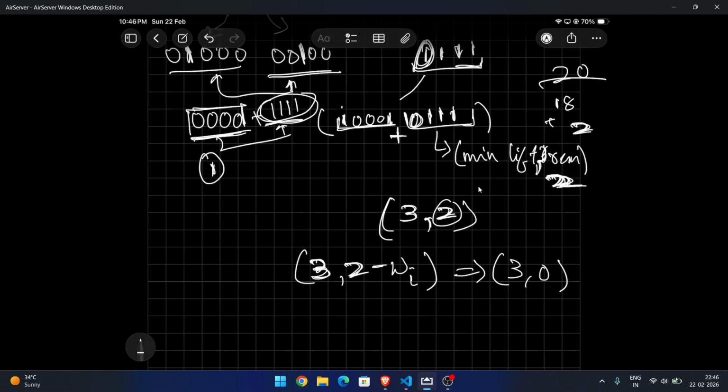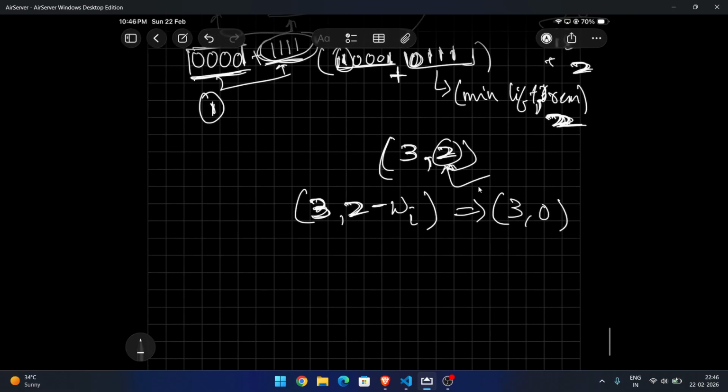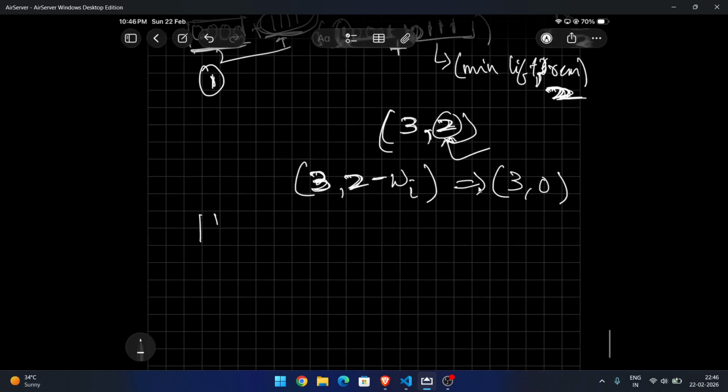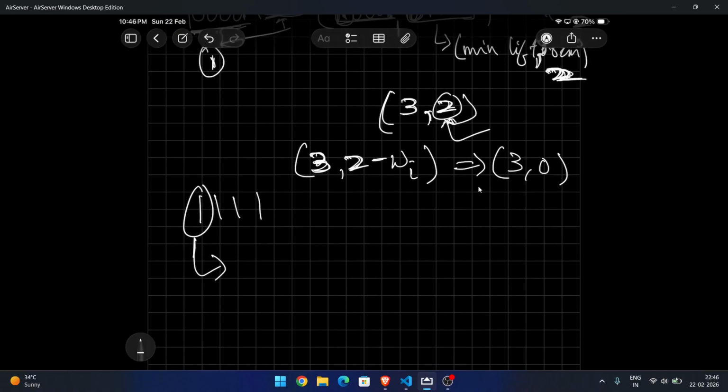And what if the weight was more? If the weight for this person was more, we are looking at this state, for every person. If the weight remaining after putting this 3% was 2, and the person's weight was 2 or less than 2, we would have put it in the same lift.